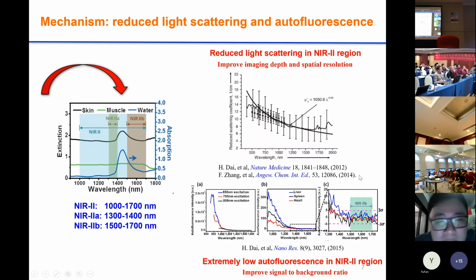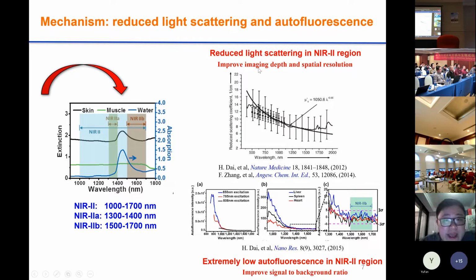So why does NIR-II fluorescence have advantages? Why can it perform better than NIR-I or visible fluorescence imaging? During the past few years, the mainstream viewpoint is, first, that the fluorescence signal has a longer wavelength, so the light scattering is small in biological samples.